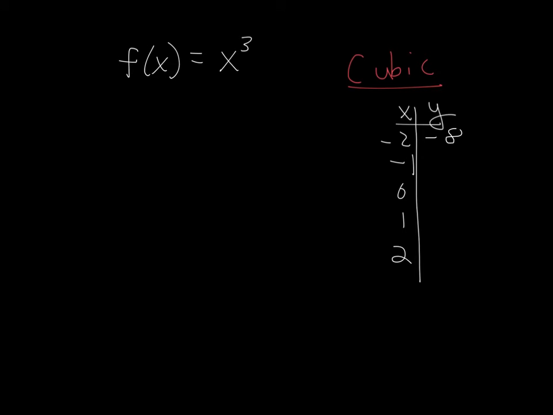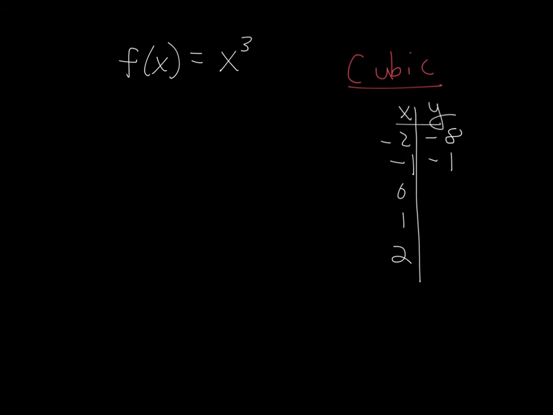Next one is negative 1 times negative 1 times negative 1, which is negative 1. Let's just stop for a second and realize that when you take a negative number and you cube it, it's always going to end up a negative number. Okay, so negative numbers to a third power end up negative because the first 2 negatives multiplied are positive, but then your third one brings you back to negative.